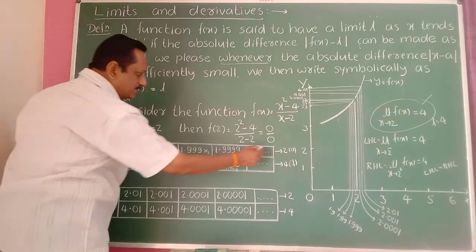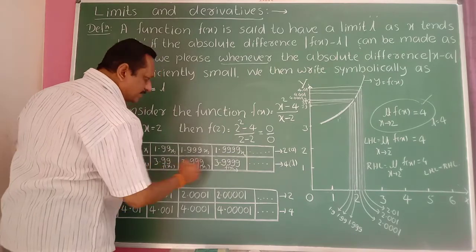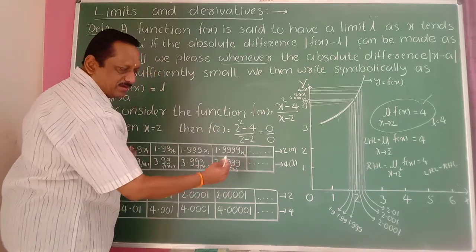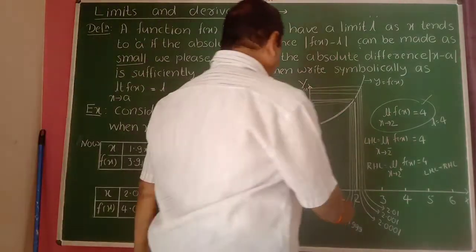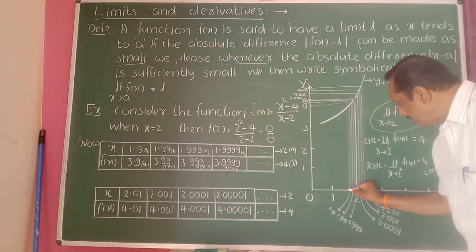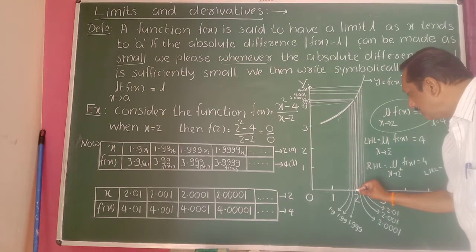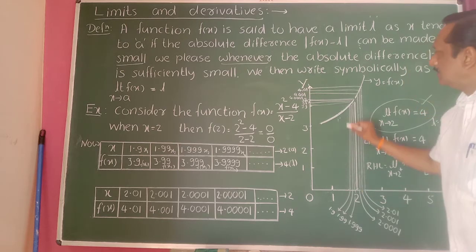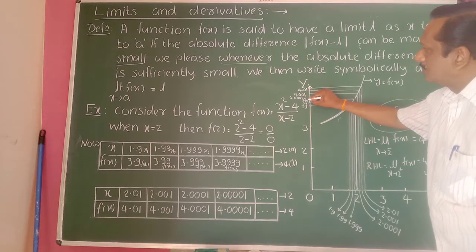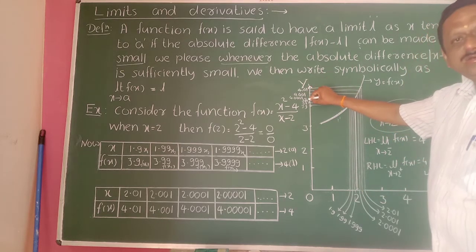When this difference is small here, then this difference is also small here. Therefore, when this value is nearer to 2 from left hand side and right hand side, this value is nearer to 4 from upper side and lower side here.